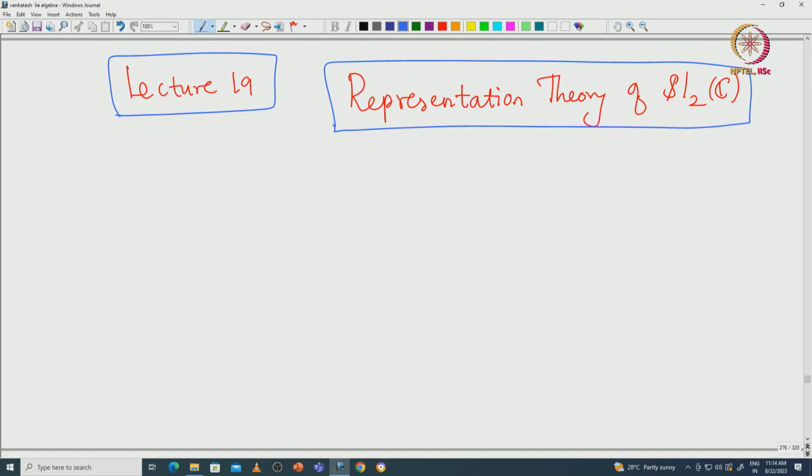Let's first fix some notation. Let's start with what is sl2c. This lecture will be self-contained; we don't need any knowledge from earlier lectures. sl2c is nothing but the 2 by 2 trace 0 matrices over complex numbers.